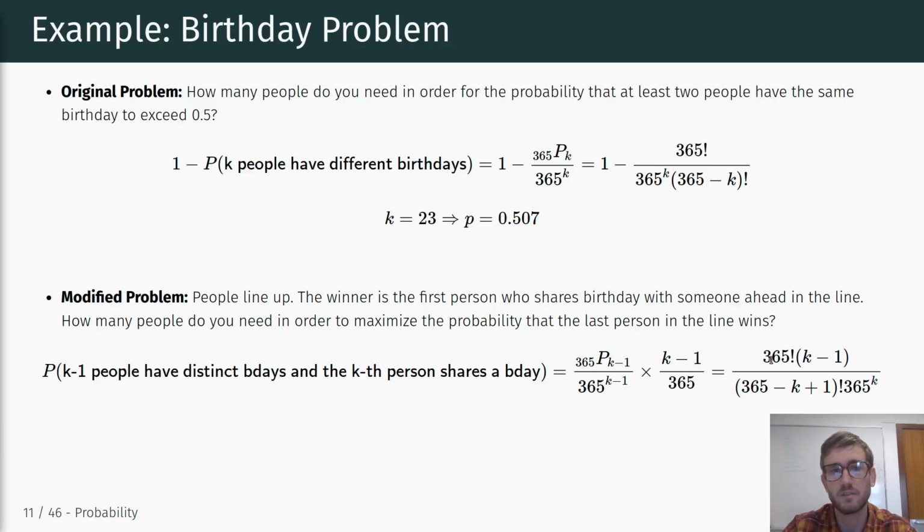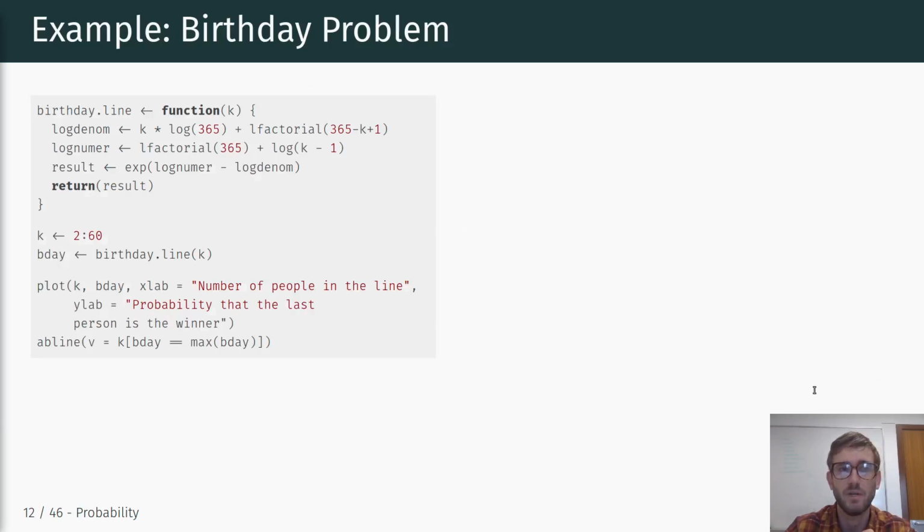So we have a very large numerator and a very large denominator, and the numbers can be so large that your computer cannot handle them easily. One way to get around this is to take the logarithm of the fraction.